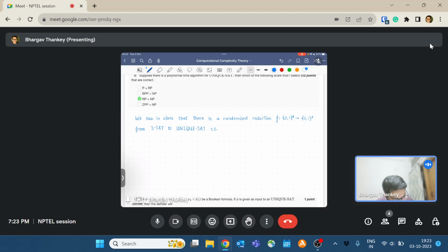So n over here is the number of variables in phi.